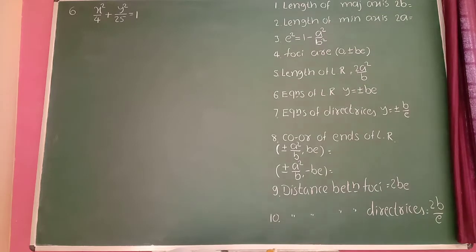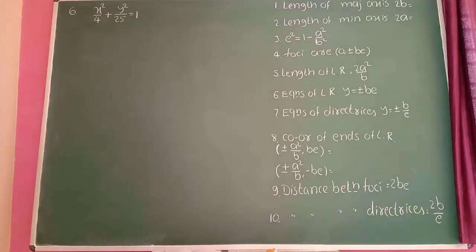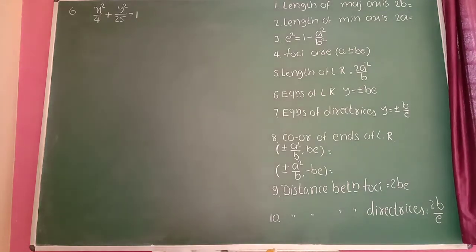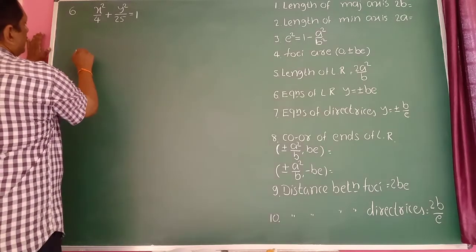So next example now, x square by 4 plus y square by 25 is equal to 1.